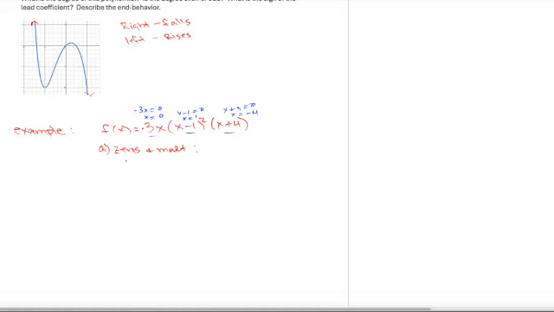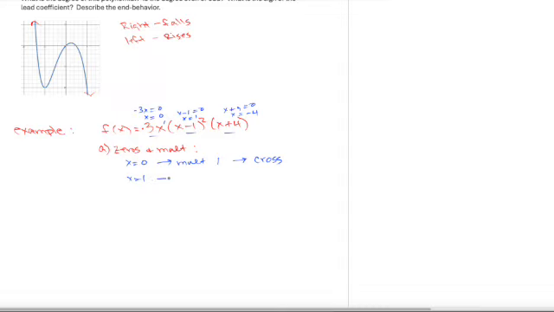So my zeros are x equals 0, and the multiplicity, remember, is the exponent associated with that 0. And since nothing's written there, it would be understood to be a 1, which is odd, which implies the graph will cross at that particular 0.